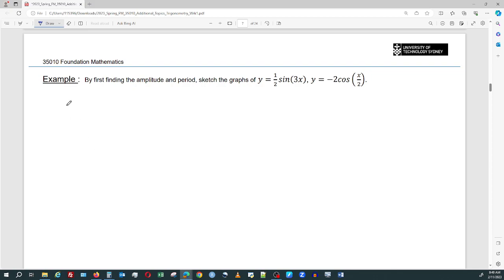So what I want to get you to do is to draw sin x, because we've got half sin 3x. So let's just draw like we did for y equals x, y equals x squared. Every time we had one of these, we would do the baseline just to compare how we would draw the next one, so that if we get this kind of thing happening, we can compare it.